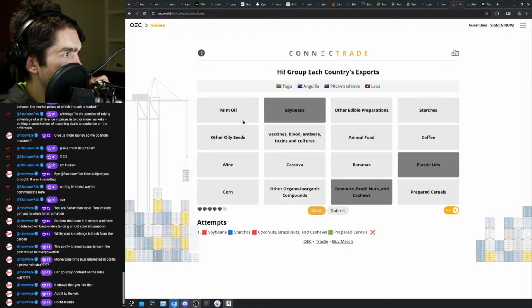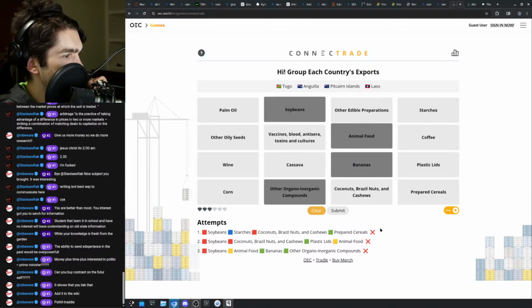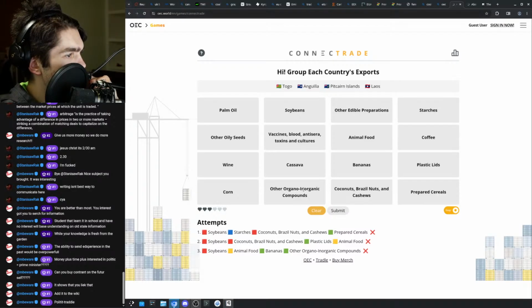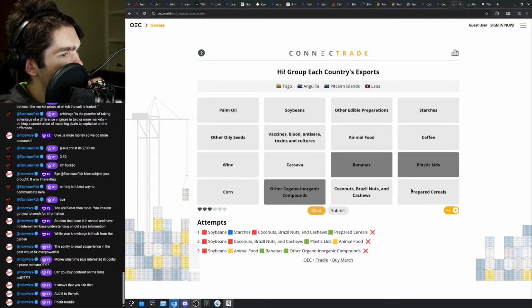Let's go plastic and animal food. Bro, I'm screwed. Bananas. Oh well, we did one without wanting it. Other inorganic compound, bananas, plastic lid, and prepared cereal.